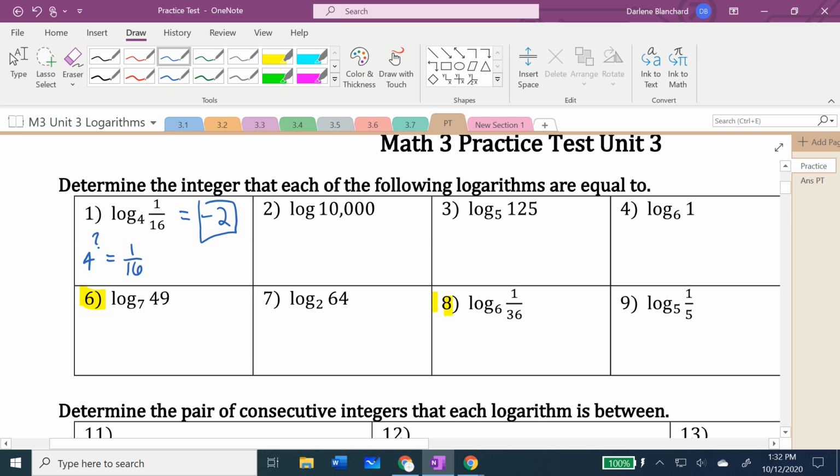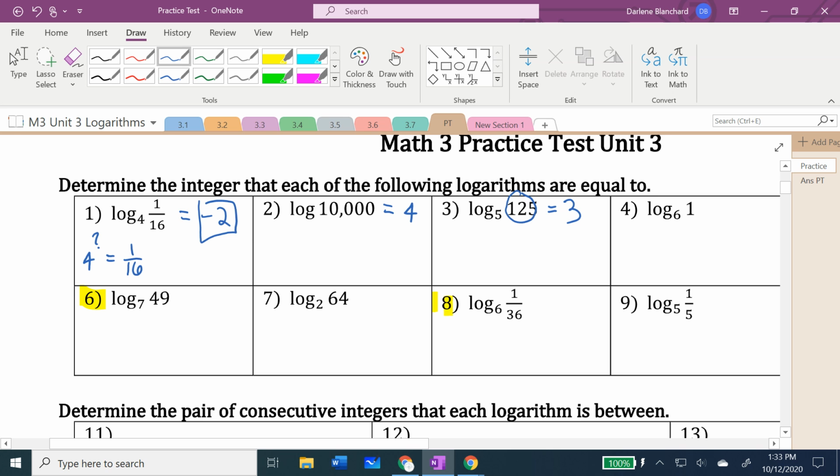For number 2, you've got to remember that that is a base 10 logarithm, and basically count the zeros. 10,000 is 10 to the power of 4. 125 is 5 to the power of 3.